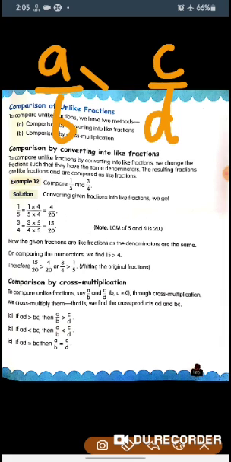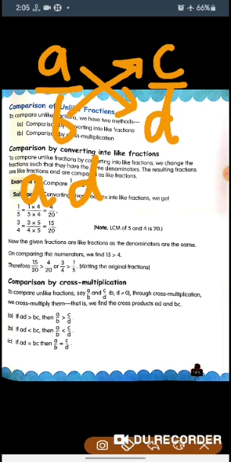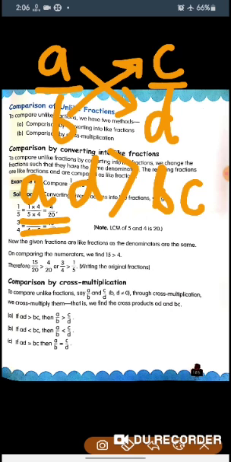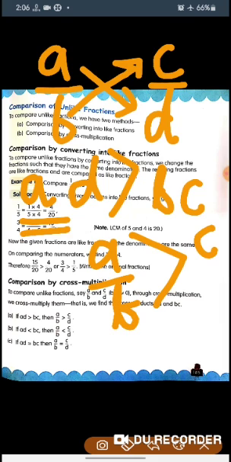Now we multiply this into this and this into this, meaning a into d and b into c. Then if ad is greater than bc, then a by b will be greater than c by d.